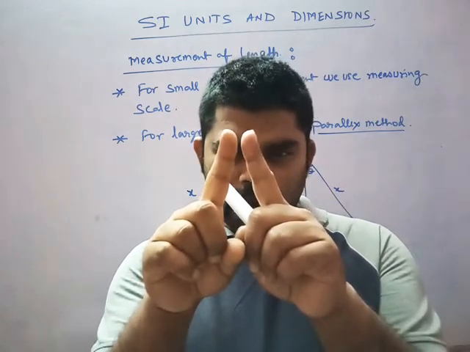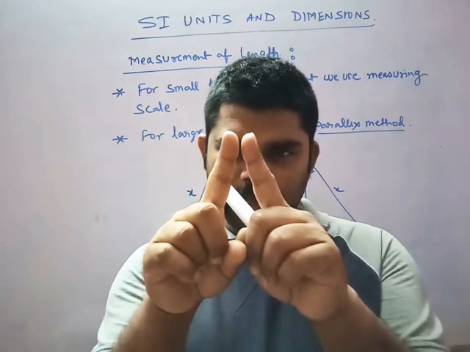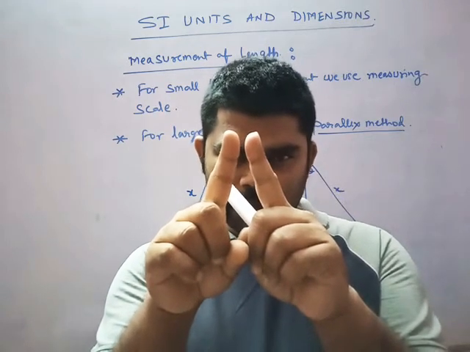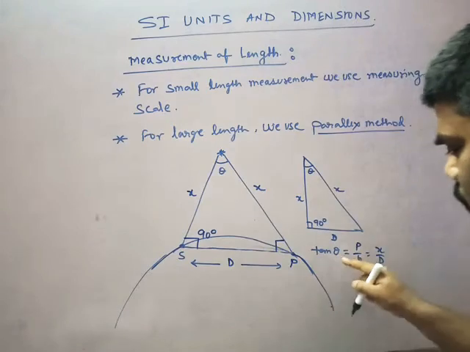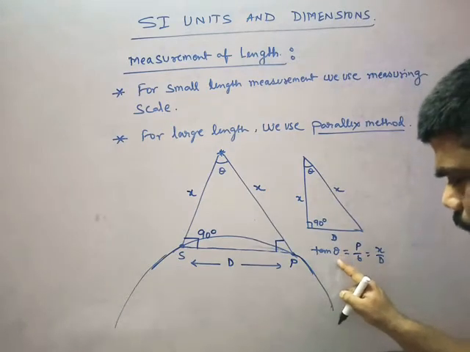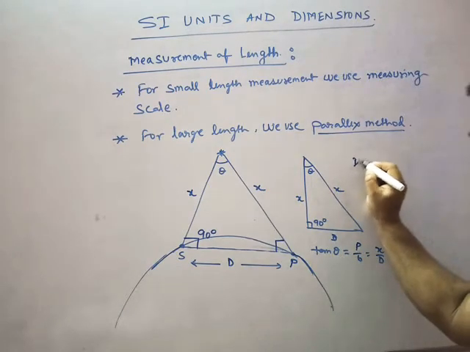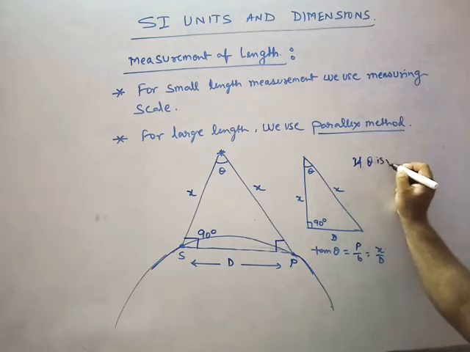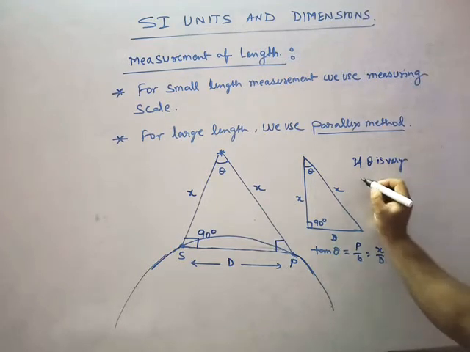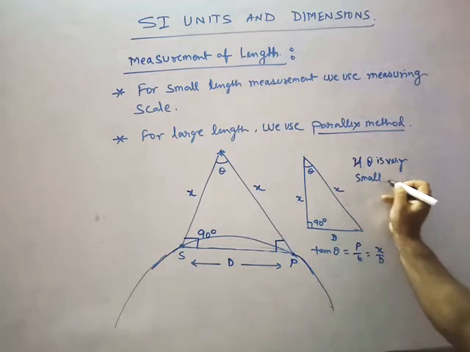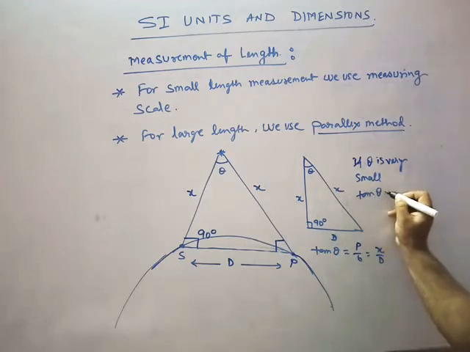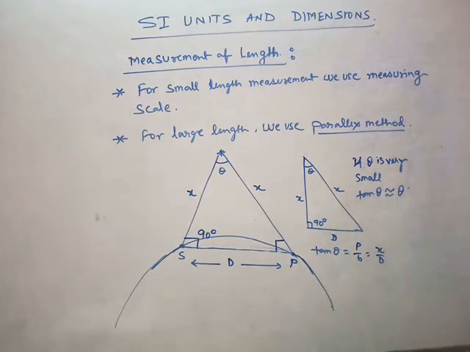So up to 1 degree or 2 degree, you can see that there is an angle formed. So if the angle is very, very small, keep it in mind, here I will write, if theta is very small, then tan theta is equivalent to theta.